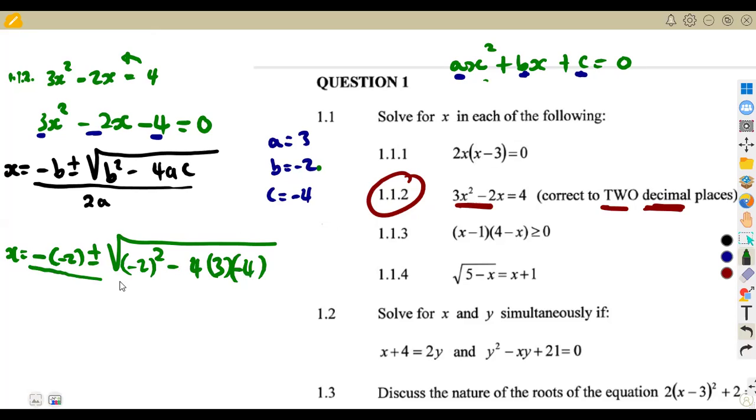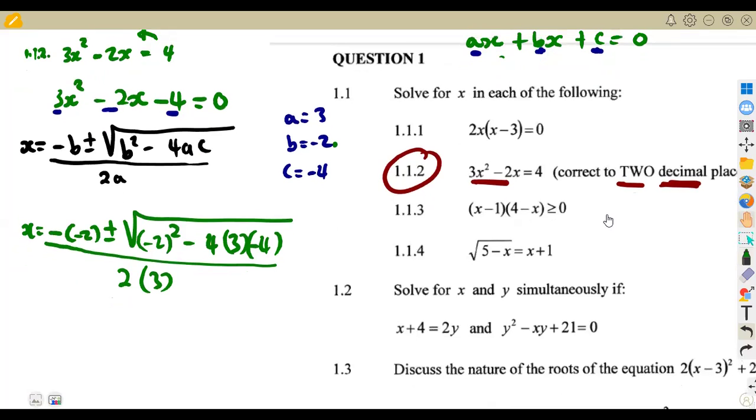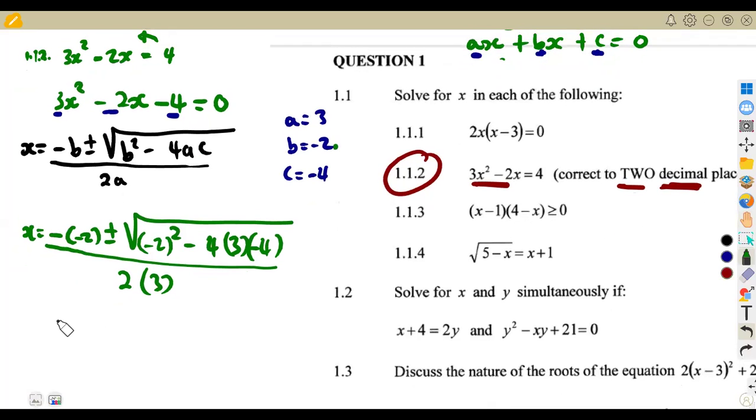And this whole part is divided by 2 times a, which is 2 times 3. So thus we are going to have the values of x from there. So x is equal to, minus and a minus, that's a positive, so there we are going to obtain a positive 2, plus or minus. I want you to simplify the part under the square root.